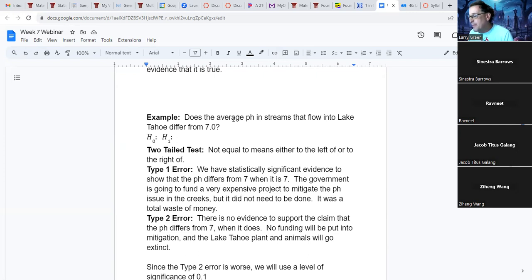So one of the measurements that are done, and I do this volunteer thing every year, is I go to our nearby creeks and I measure the pH in these streams that flow into Lake Tahoe. And so do a lot of other volunteers. So one big question is: does the average pH in streams that flow into Lake Tahoe differ from 7.0?